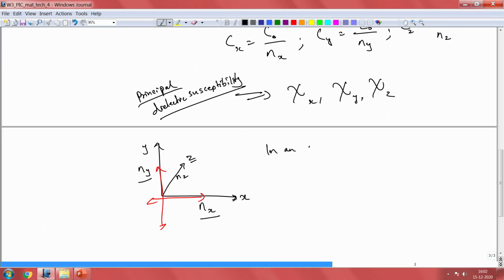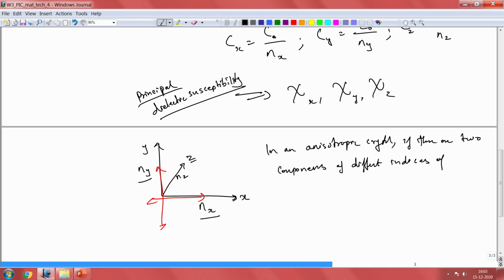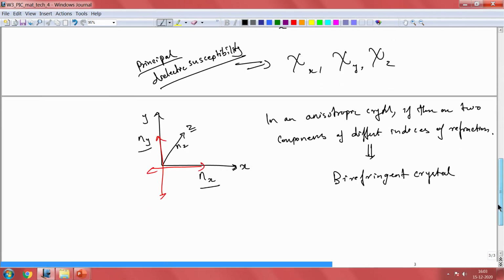In an anisotropic crystal, if there are 2 components of different indices of refraction, we could call this crystal, okay, and this phenomenon is called birefringence, all right.